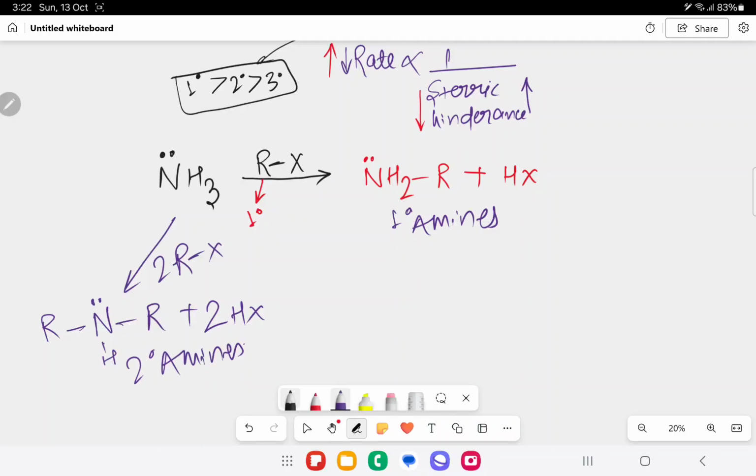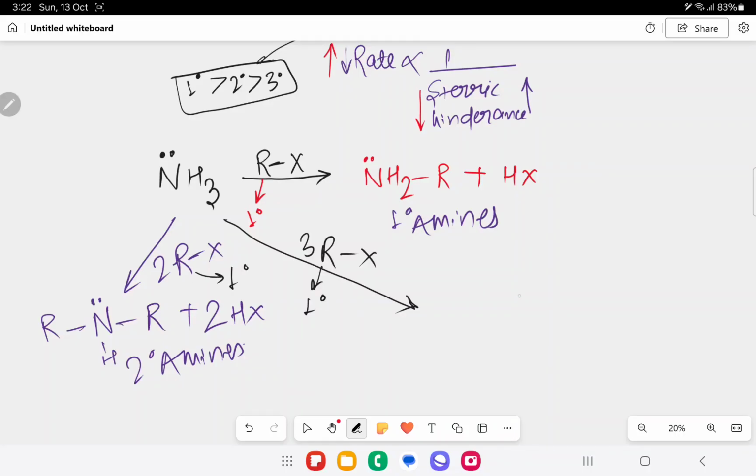Now suppose you react the same ammonia with 3 mole of alkyl halide. In every case the alkyl group should be 1 degree. With 3 mole, all 3 hydrogens are removed and R comes over here, and you get 3 mole of HX.